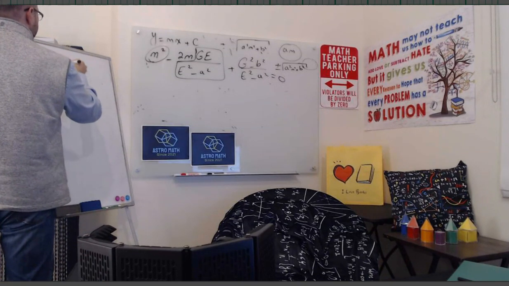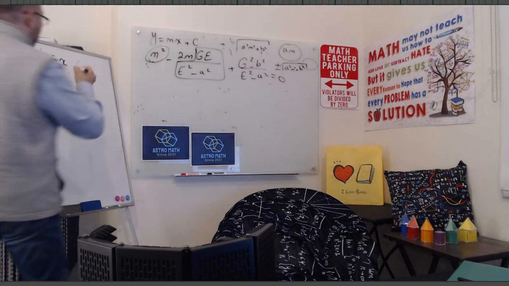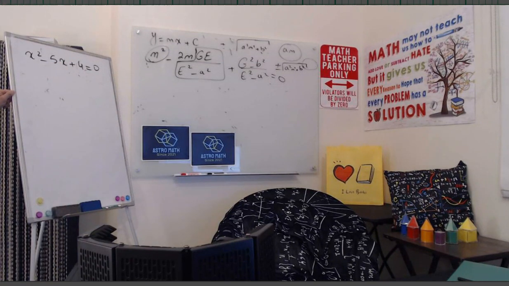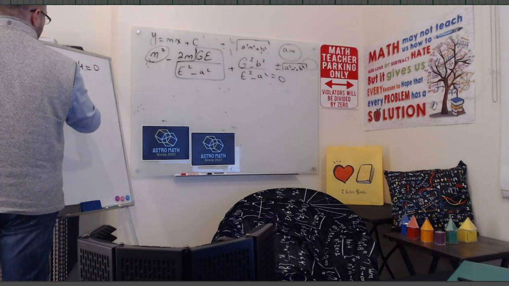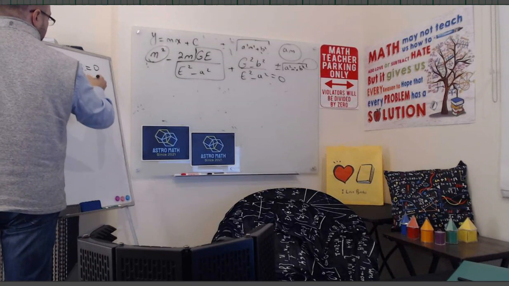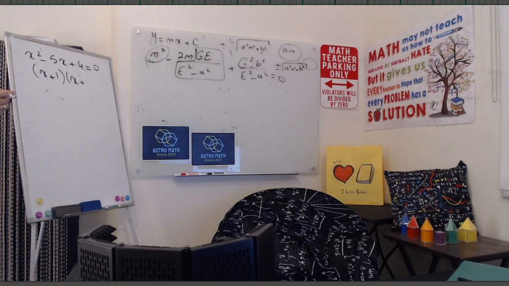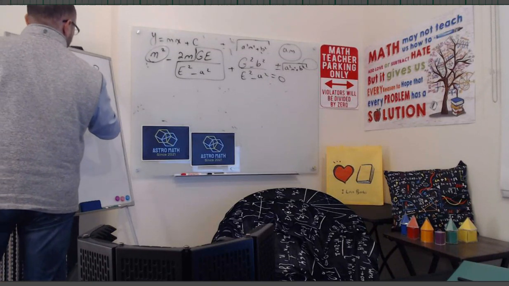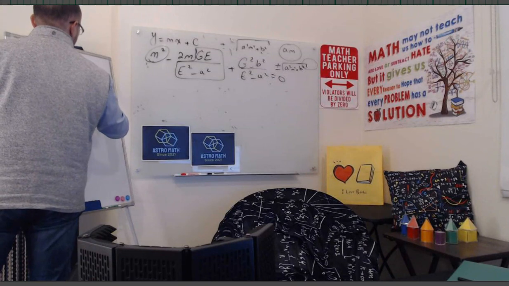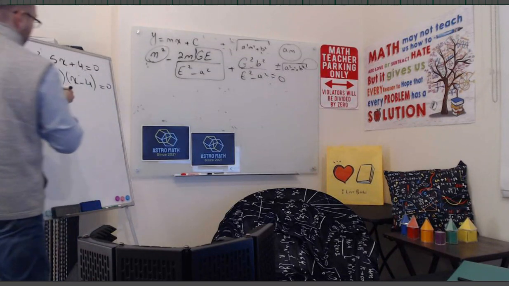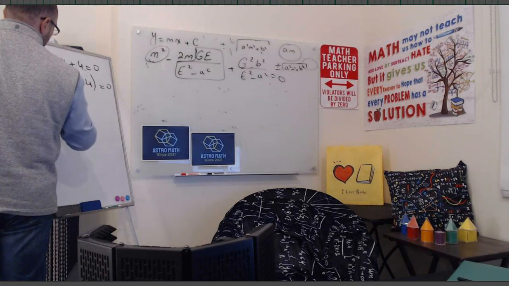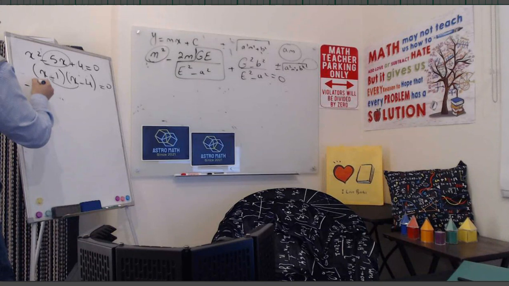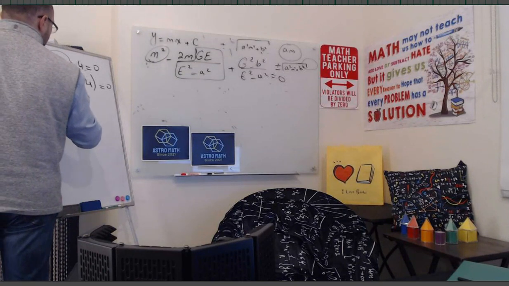What do you do here? You do x minus 1 and x minus 4 equals 0. Why? Because minus 1x minus 4x gives you the minus 5x, and minus 1 times minus 4 equals plus 4.